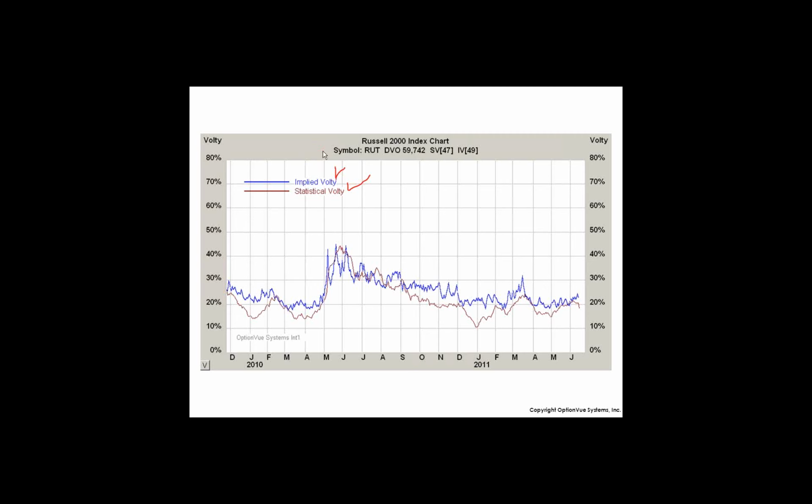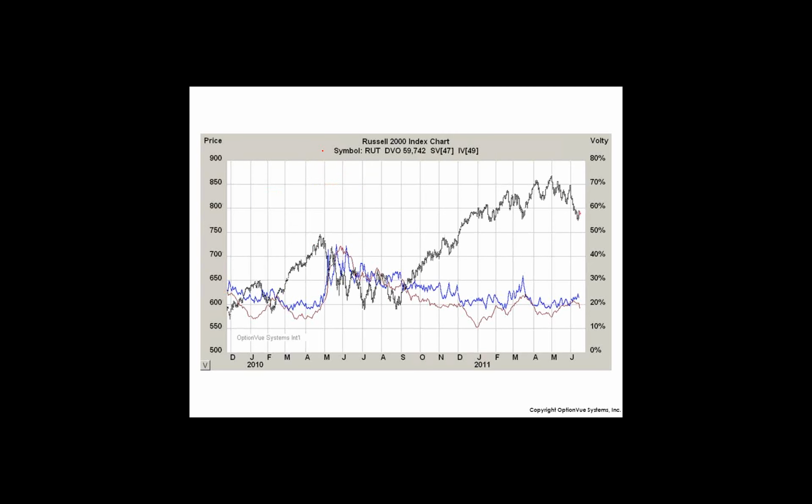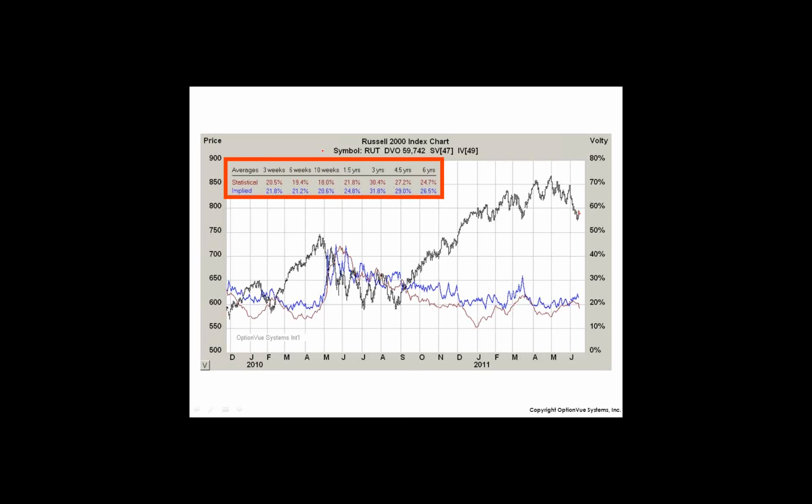What we like to do is superimpose the price chart of the Russell in this case on top of the vol chart. And another thing we can do is bring up the averages for the different types of volatility. Notice here the 6-year average of the implied volatility of the Russell options is at 26.5.